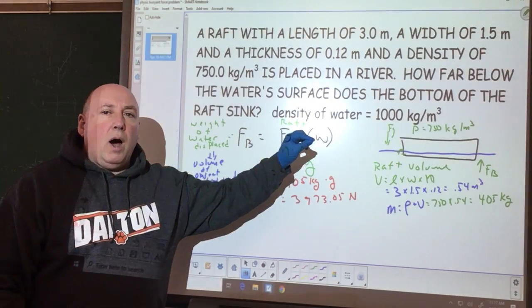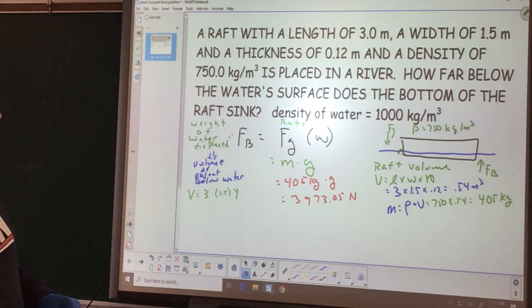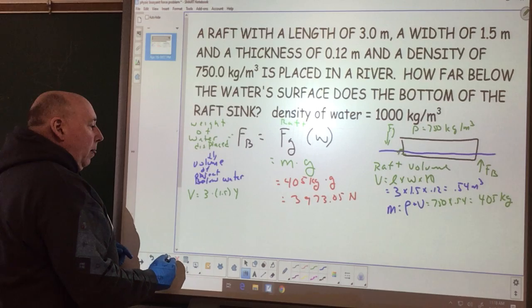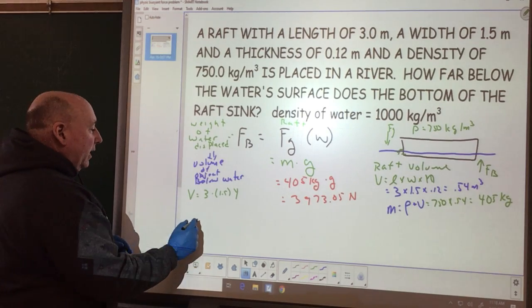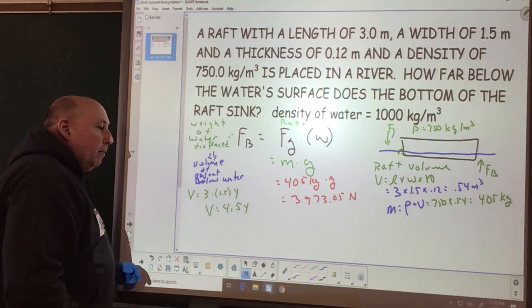Now this value of y is what's going below the water. If I multiply 3 times 1.5, I get this volume is equal to 4.5 y.